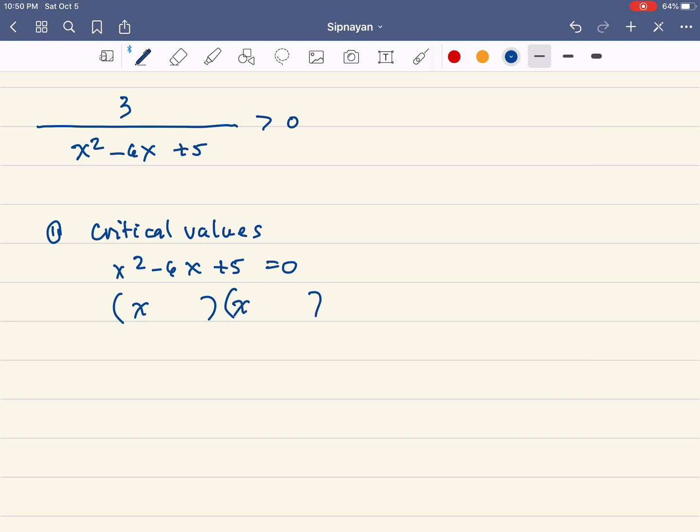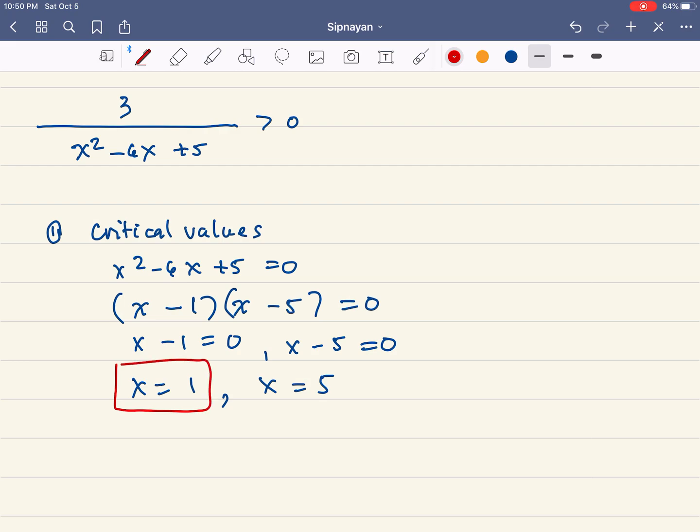If you factor x squared minus 6x plus 5, it becomes x minus 1 times x minus 5, which means that x minus 1 is equal to 0 and x minus 5 is equal to 0. Ibig sabihin x equals 1 tsaka x equals 5.